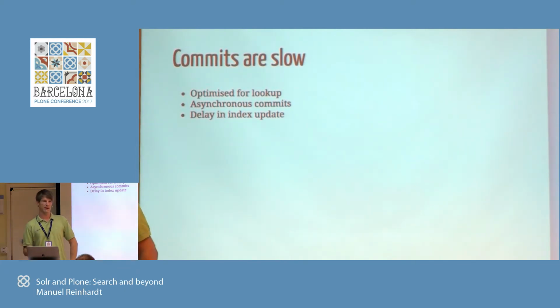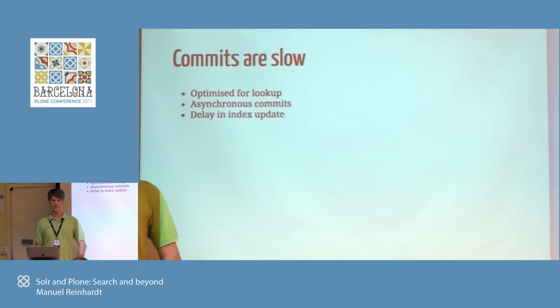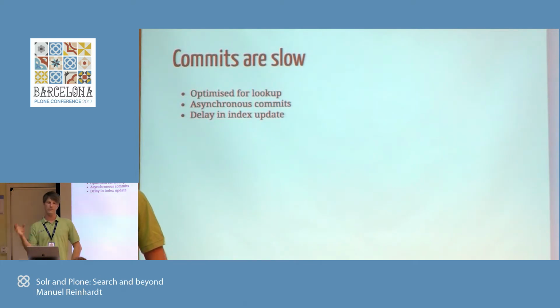For example, we had a calendar view that was generated from Solr, and that let you create an event. And after you created it, you got back to the calendar view, say the month view. And if you had asynchronous commits activated there, you would just not see your event.